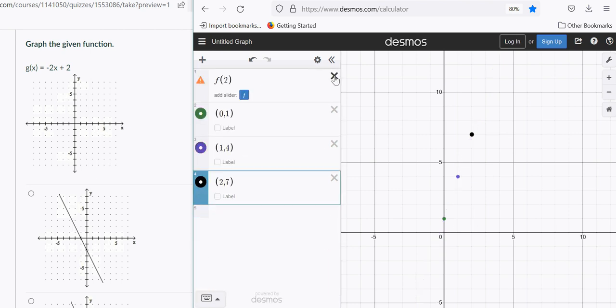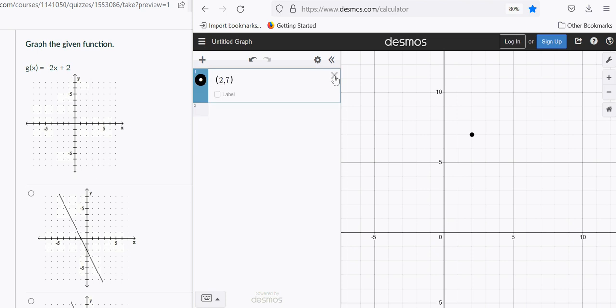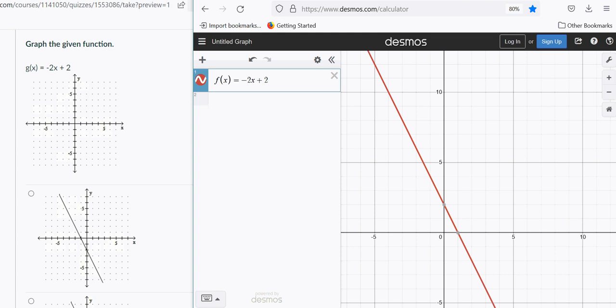We may do the same. Eliminate all the things we did before. We may put f of x equals negative 2x plus 2. You hit enter.